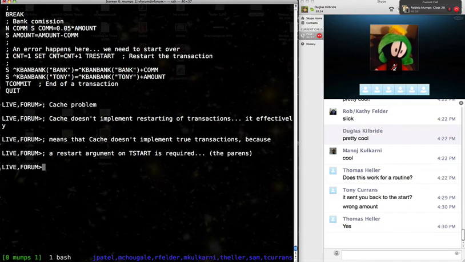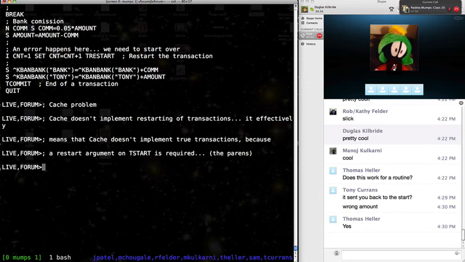So we have this big problem that Cache does not implement them correctly, and essentially they're a no-op on Cache, and that's a problem. Believe it or not, you would think that the company behind Cache would put more of their money into making sure that transactions work correctly, given how important they are, but apparently not.